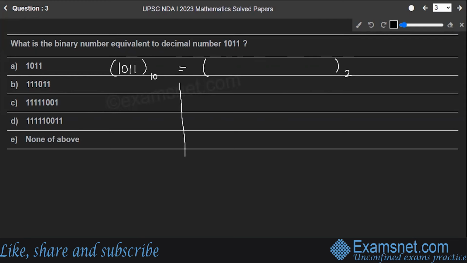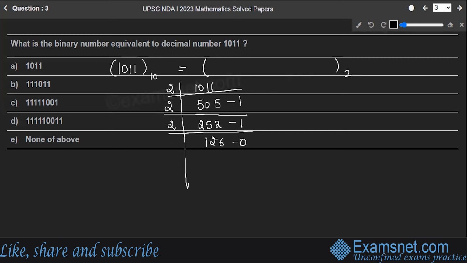Let's go. The given number is 1011. There is no other option. I'll just divide everything by 2. So dividing this by 2 gives me 505, leaving a remainder of 1, then 252, a remainder of 1, then 126, a remainder of 0, 63, remainder of 0.